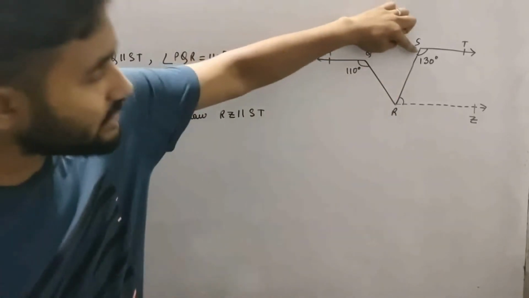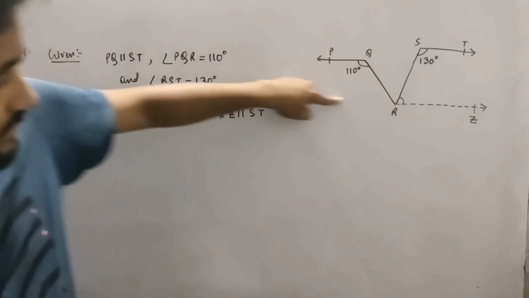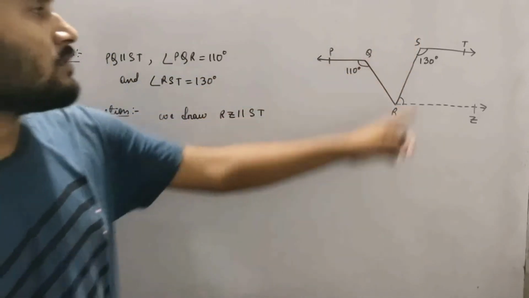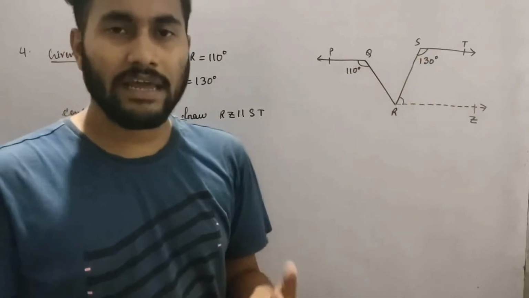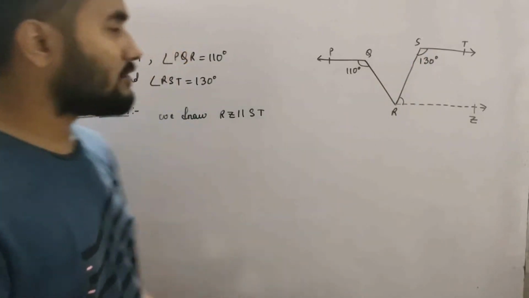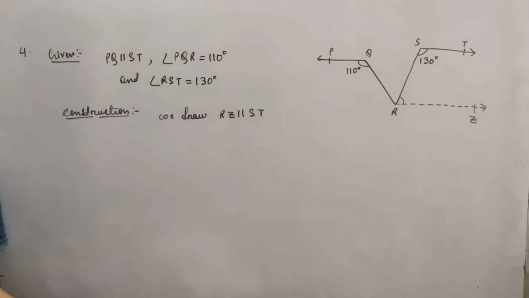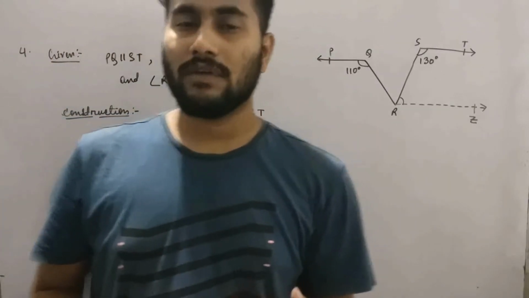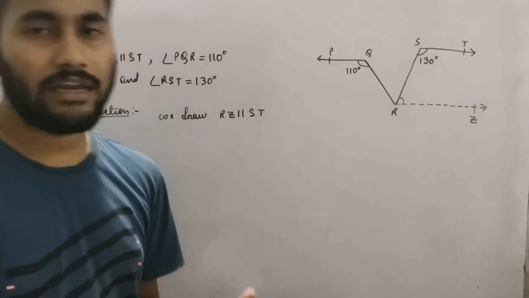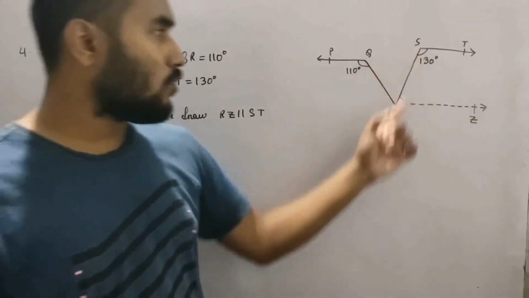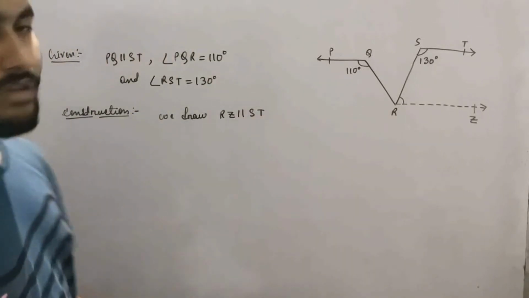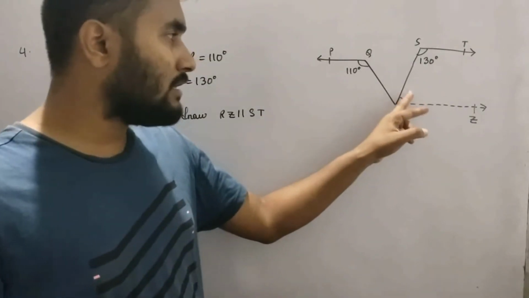If you extend this line over here, then this is your transversal only. So these are nothing but interior angles on the same side of the transversal. And what was the property? If you add the interior angles on the same side of the transversal, they will give you 180 degree. That is, our co-interior angles are supplementary.